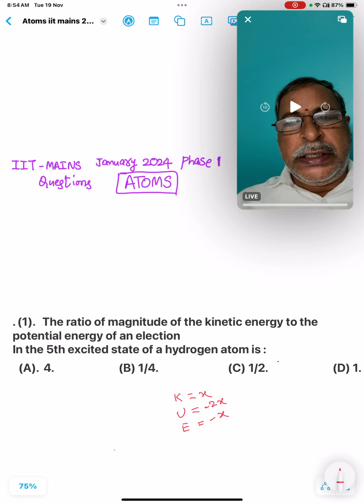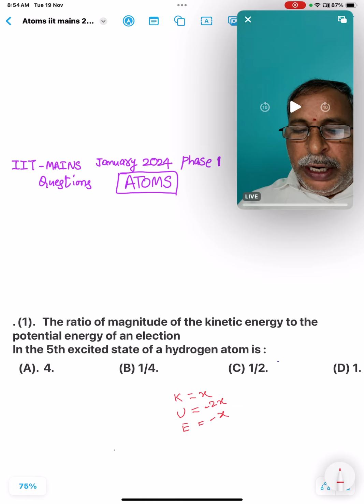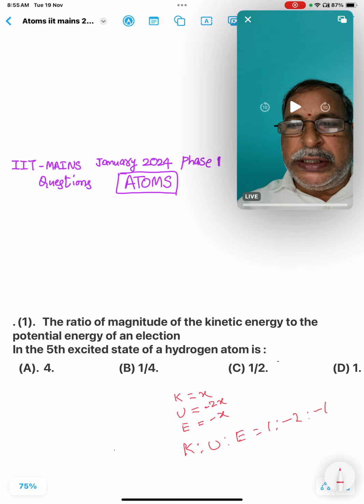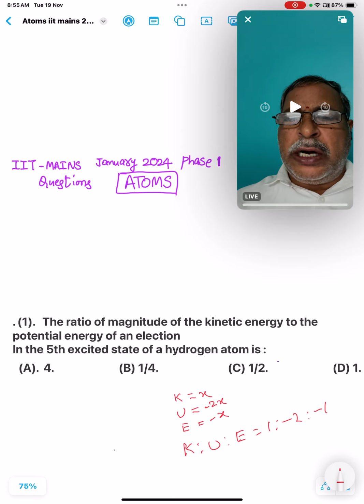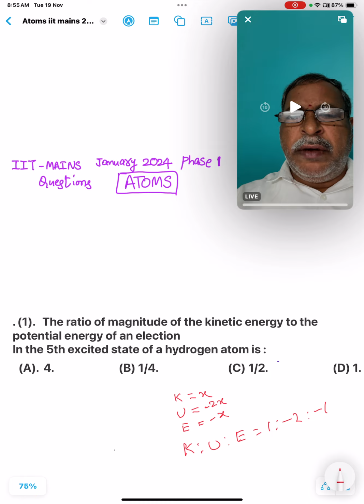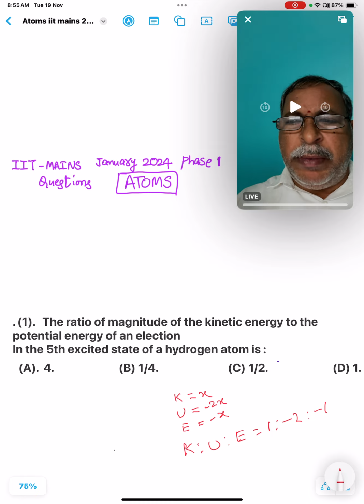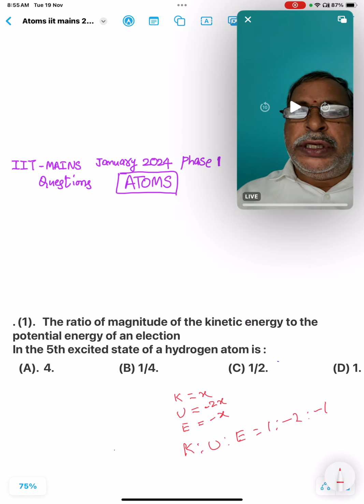You should remember this point first of all. Instead of X, whatever numerical value they will give. Now the ratio K : U : E equals 1 : -2 : -1. Whatever the state it may be, first orbit, second, third, fourth, fifth state, you should follow this ratio.